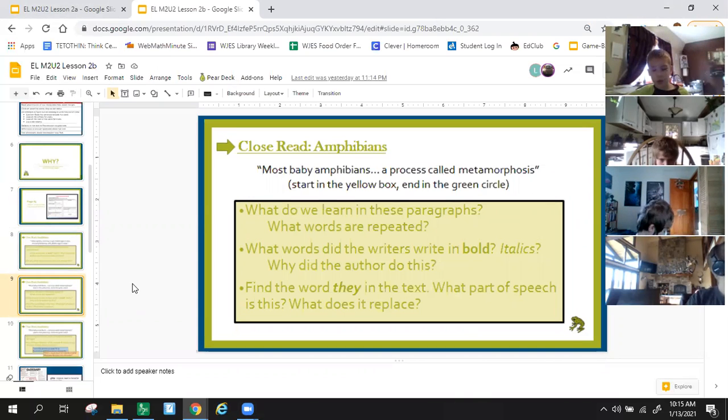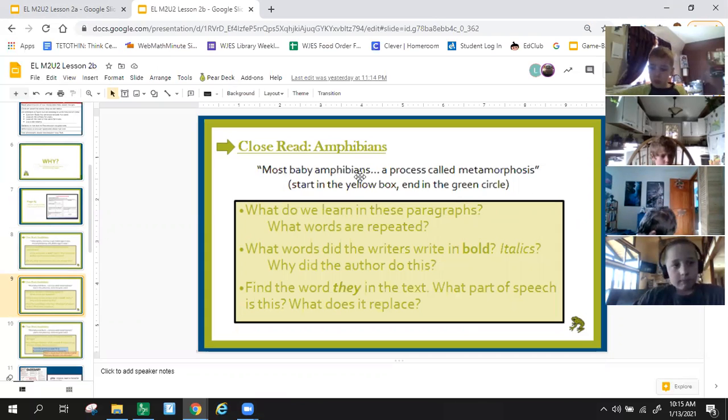Our next section is going to be at the bottom of our page on page 7, where it says most baby amphibians.